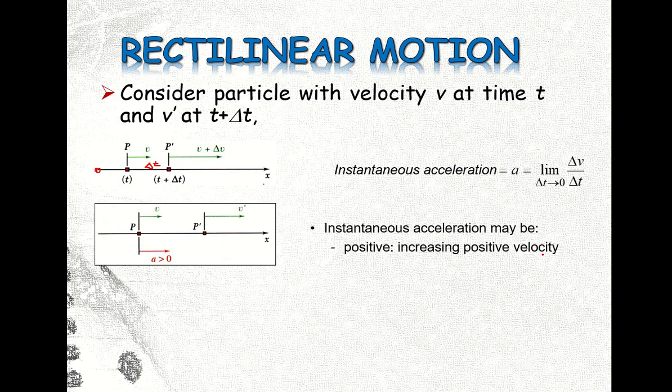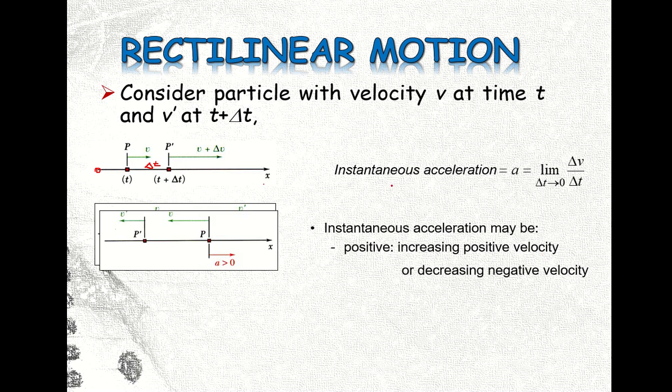So another scenario, I'll go back to the other one. Another scenario is we have here acceleration is positive, right? Positive, but this is decreasing. You see, this longer arrow indicates faster velocity than the shorter arrow of v prime.